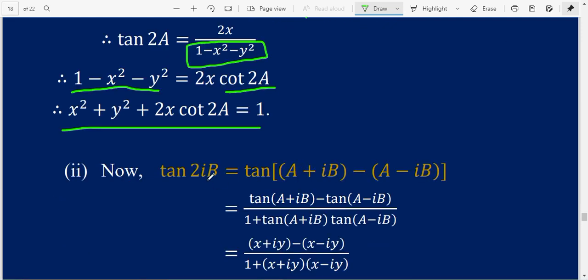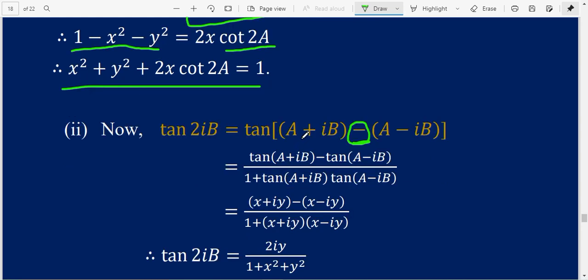Now tan 2ib is equal to tan(a plus ib) minus tan(a minus ib), so a minus a cancels out and ib plus ib is equal to 2ib. Taking these as alpha and beta, tan(alpha minus beta) is equal to tan alpha minus tan beta upon 1 plus tan alpha tan beta.